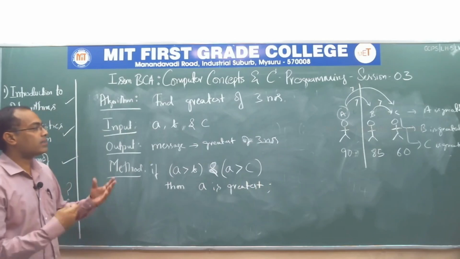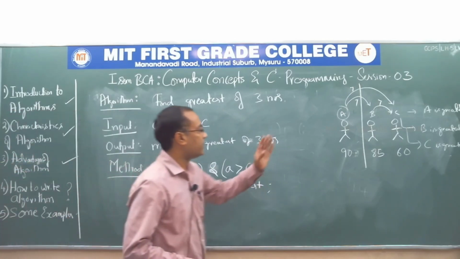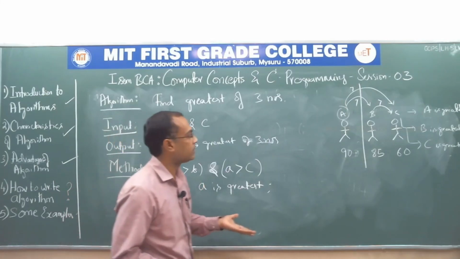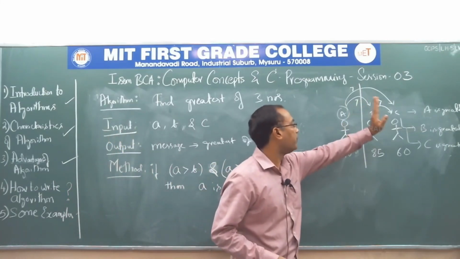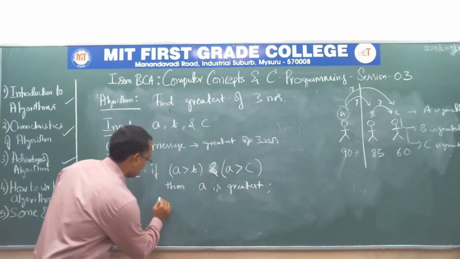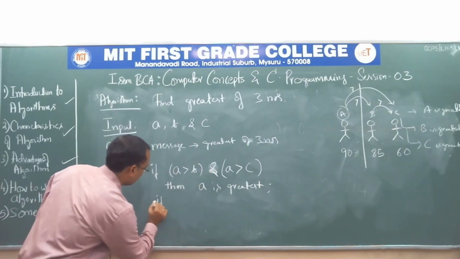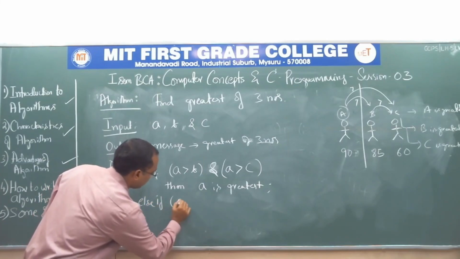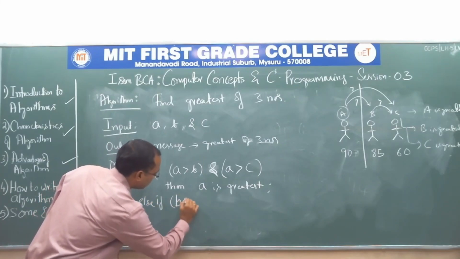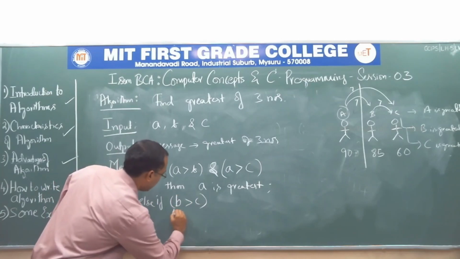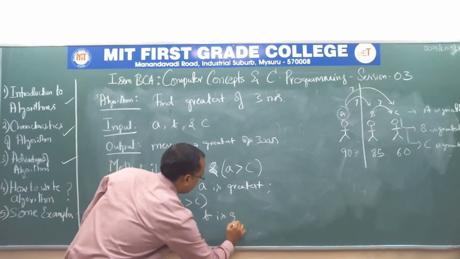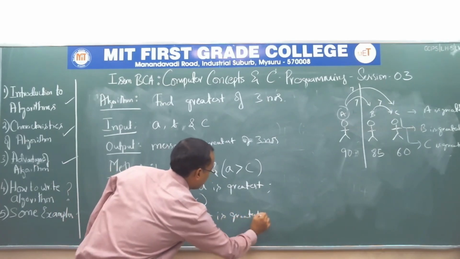Else, if this fails, then A is not the greatest, and we need to only check B and C. Else if B is greater than C, then B is greatest.